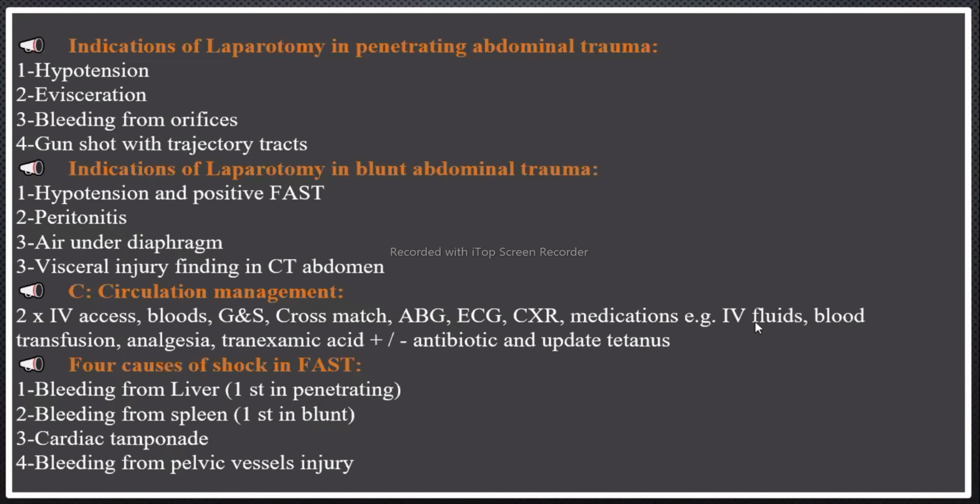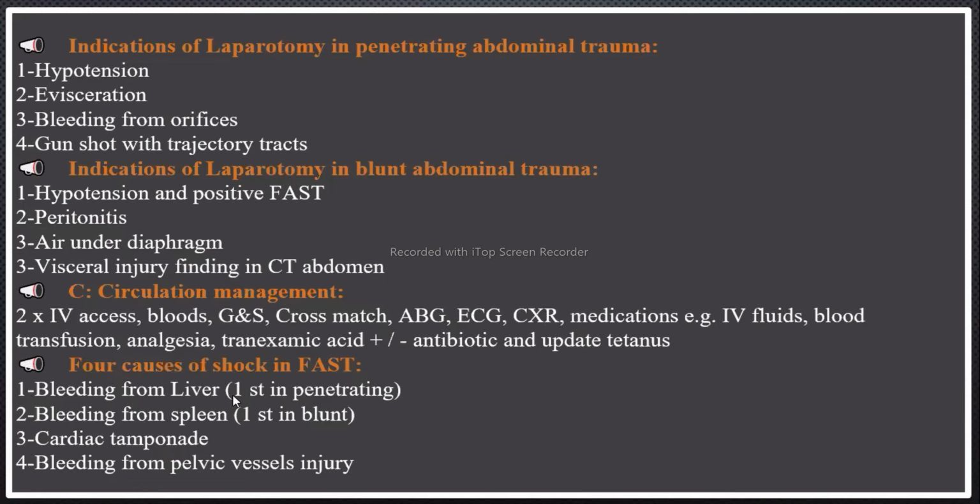Medication here: you will give IV fluid up to 1 liter, blood transfusion, 2 units O negative blood, and cross match 4 units or 6 units. Of course, analgesia after stabilization of the patient. Tranexamic acid. If the patient has penetrating injury, you will give prophylactic antibiotic and tetanus immunization.